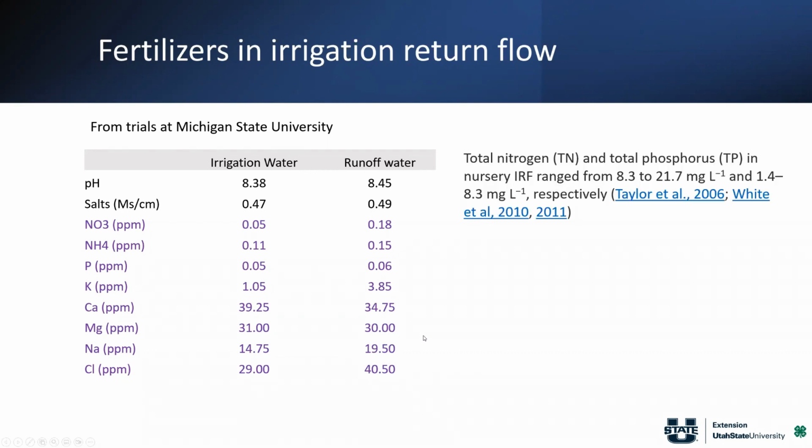But this is the research from various nurseries, on total nitrogen and total phosphorus in irrigation return flow water. The water in the irrigation retention pond, or the irrigation return flow water, ranged anywhere from 8.3 to 21.7 milligrams per liter for total nitrogen and 1.4 to 8.3 milligrams per liter for phosphorus.